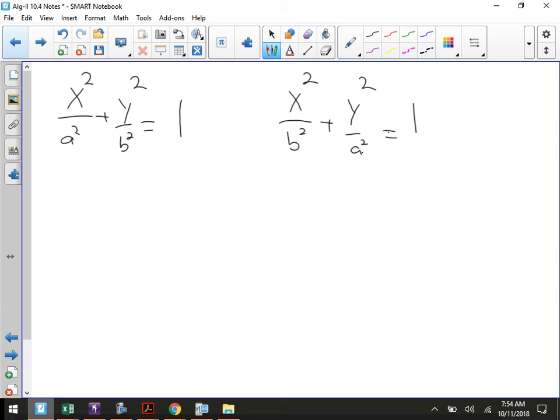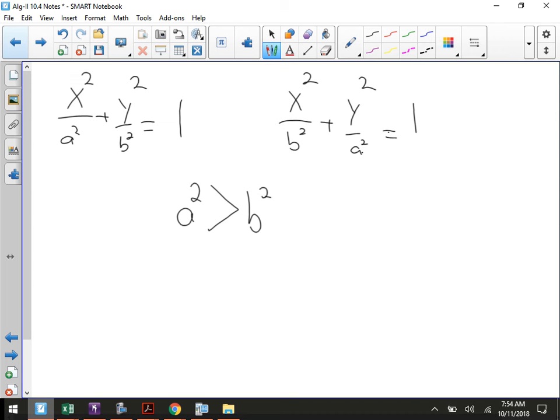What's the difference between those two formulas? Pretty obvious. Where b and a are. Everybody see that? Now, the a squared value is always greater than the b squared value.